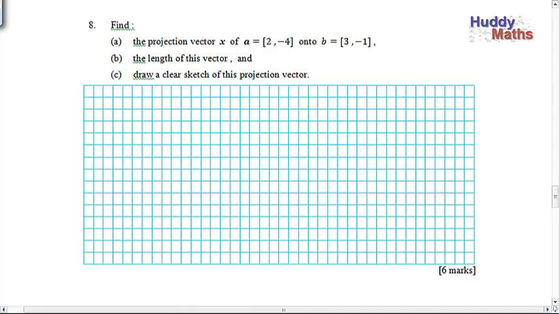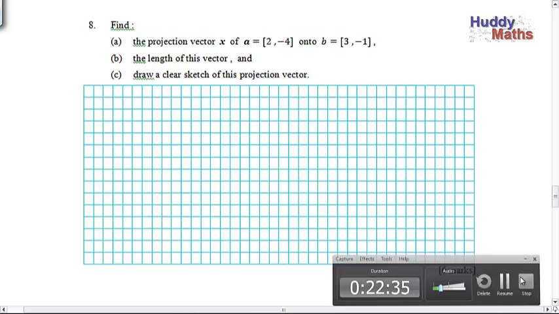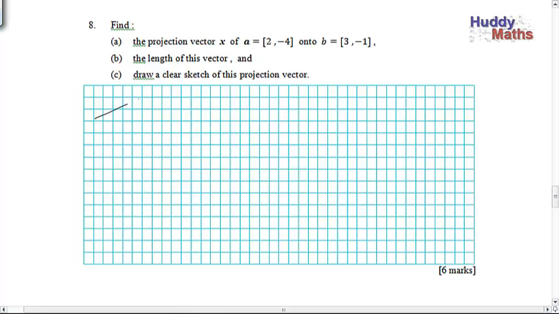Projection vector x of A equals (2, -4) onto B. Okay, so let's just check what projections mean now. So the projection, if you remember it, is how much that's projected onto there, and that's theta.